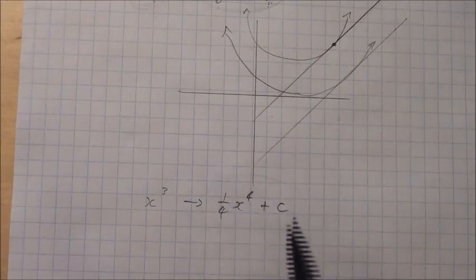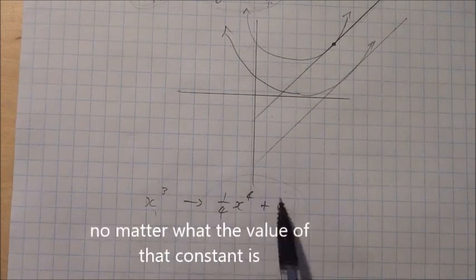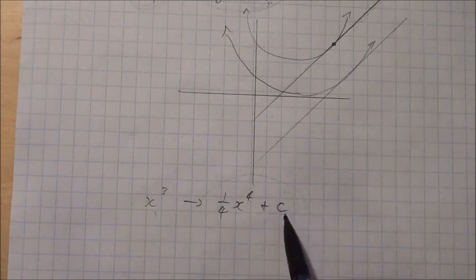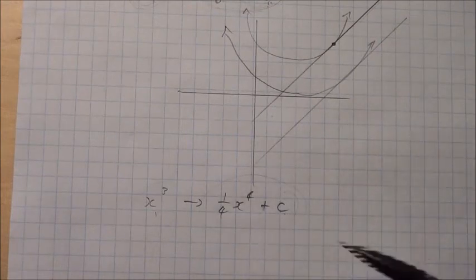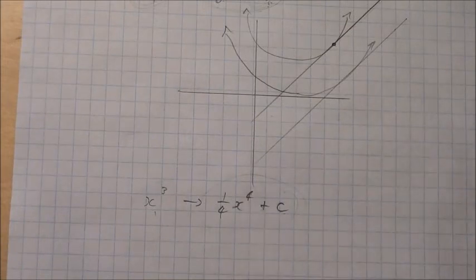Because when you take the derivative of this, we just get this. That constant disappears when you take the derivative of it. So we need to add in this constant of integration, they call it, to account for any sort of constant that might have been included in the original function.